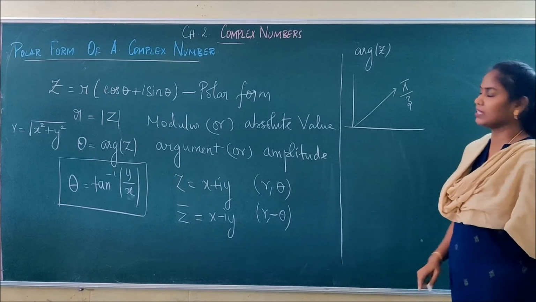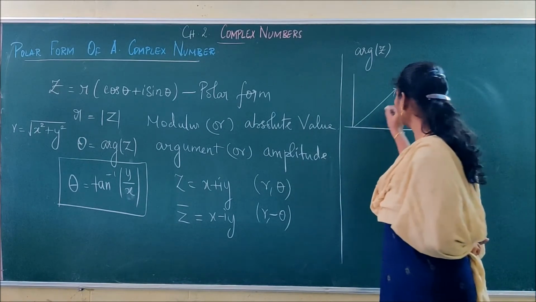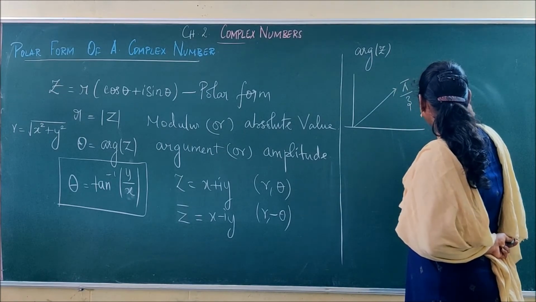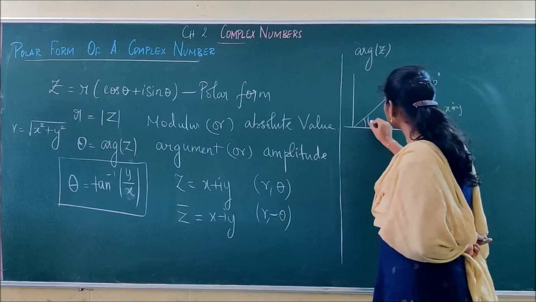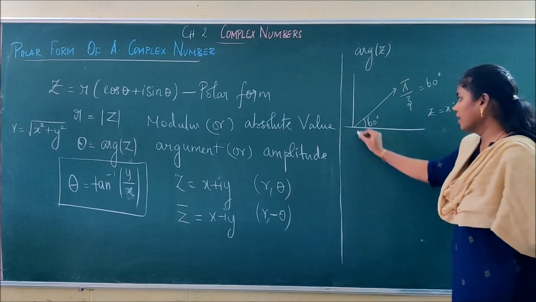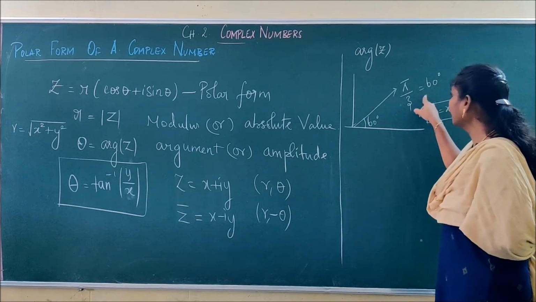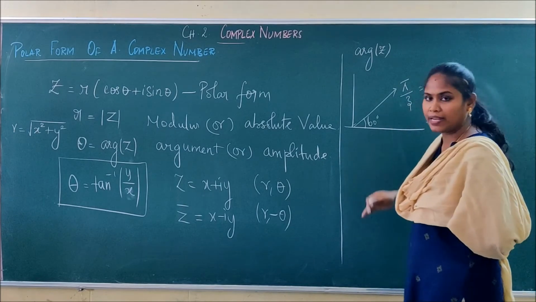Let it be pi by 3, that is nothing but 60 degree. So this is my z, that is x plus iy, written in polar form with the angle 60 degree. And exactly this complex number having only 60 as argument is not possible, because it can take many other values.